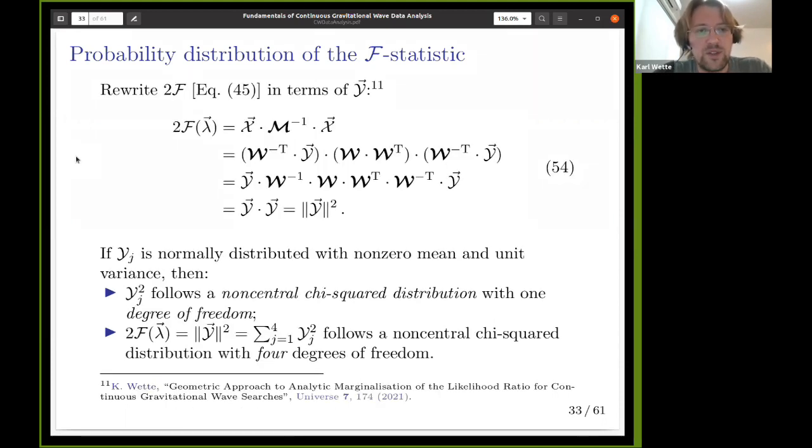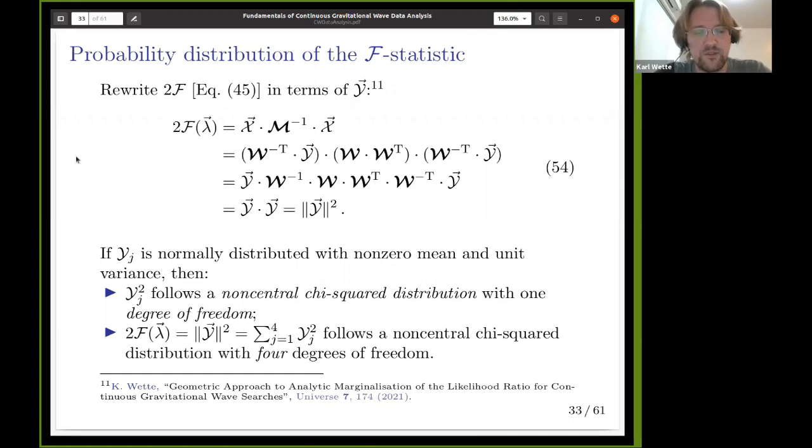So we can use the definition of Y in terms of X to substitute into the value of 2F. Here we're writing it in terms of 2F, which we'll see the reason for in a moment. We can see that 2F is basically given by the dot product Y dot Y, so it's just the length of that vector. Now we know that each of the Y variables is normally distributed with some non-zero mean and unit variance, as we've seen. And the result that we have from statistics is that if you take the square of such a variable, that will follow a non-central chi-square distribution with 1 degree of freedom.